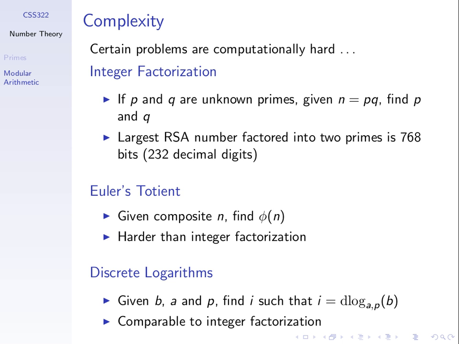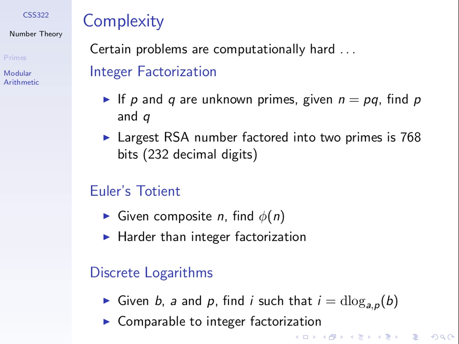Some competitions have been held over the past few years, or maybe 5 years ago, of how large a number can someone factor? How large an n can someone find the prime factors for? And the largest one, this may be 1 or 2 years old now, was a value of n which had 768 bits, or 232 decimal digits.